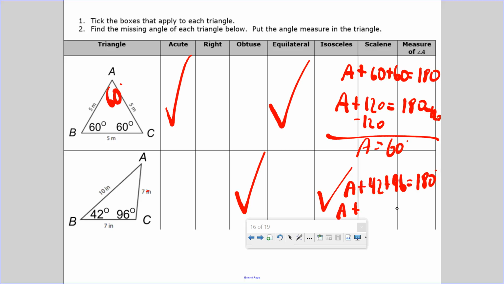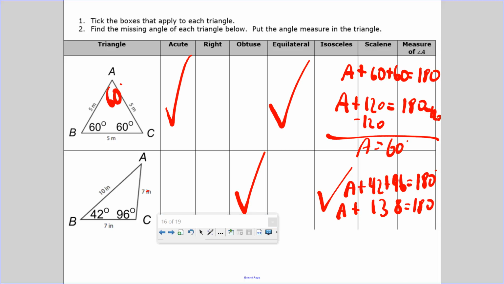A plus 138 equals 180. Again, I do the inverse operation, minus 138, minus 138, cancel, regroup. So I got 42 degrees.